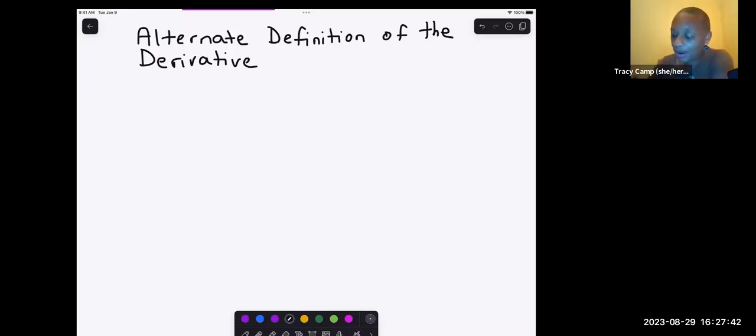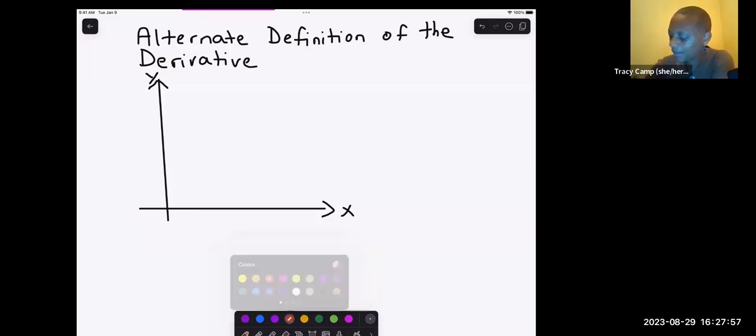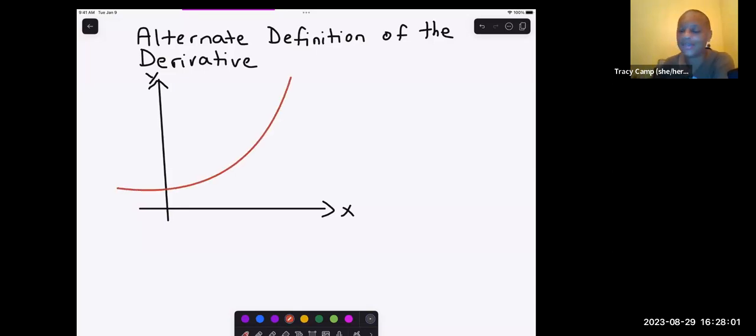So I'm going to draw another picture, just like the picture I had before. A curve. Just another curve, and a point P on the curve and a point Q on the curve.